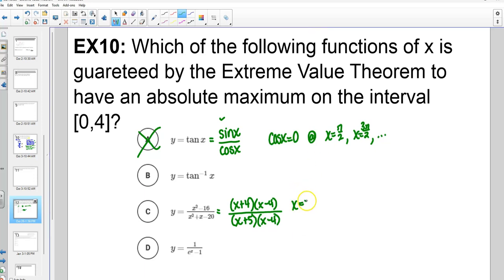We got x cannot equal -5, right? And x cannot equal 4. 4 is just a hole, but it really doesn't matter. We're talking about continuity, right?